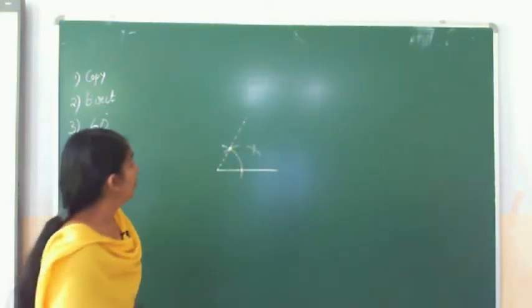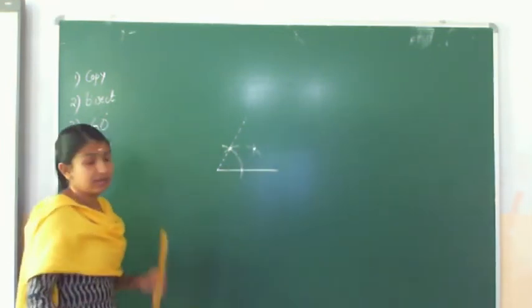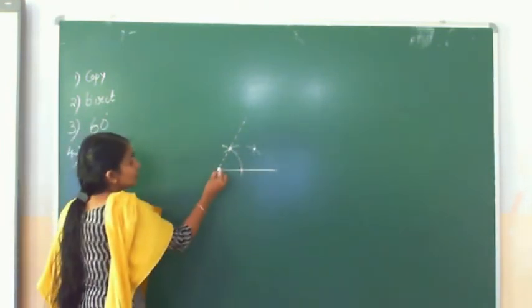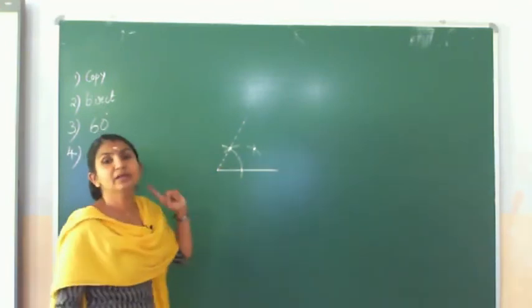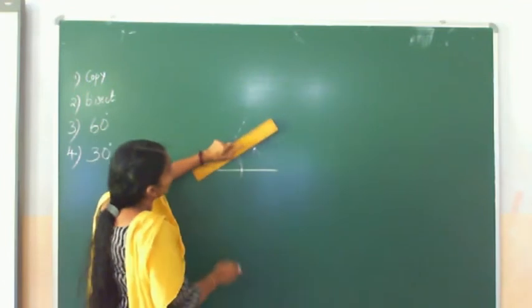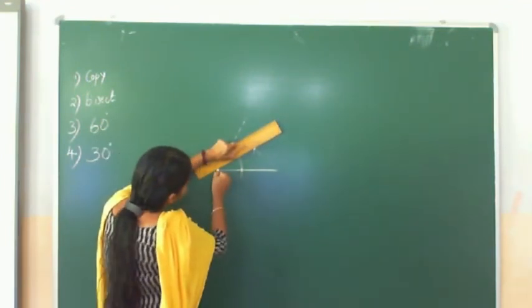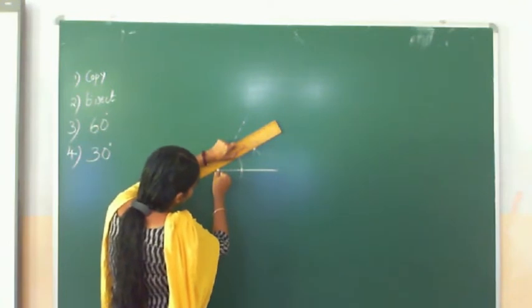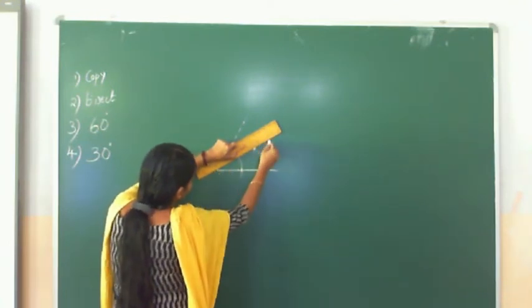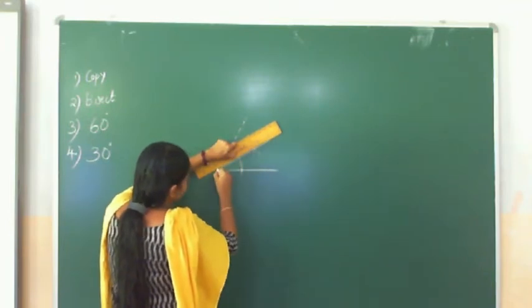Now this point we have to mark first, then join with this vertex. This is the required 30 degree. So when we are drawing 30 degree, it should be a proper line segment. So with our pencil and scale, we are joining these 2 points.